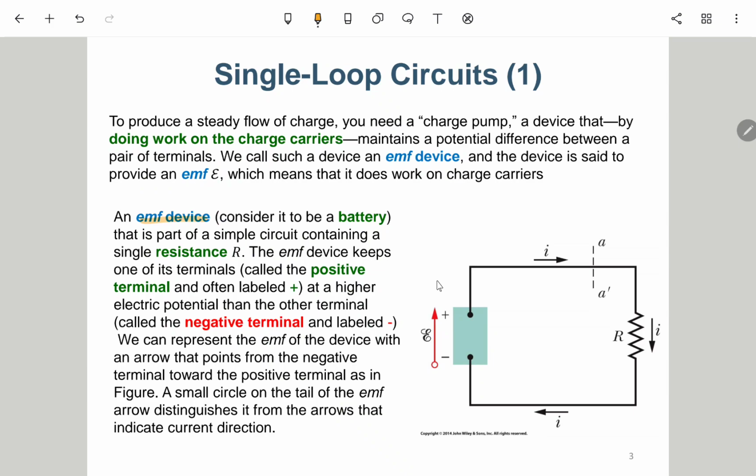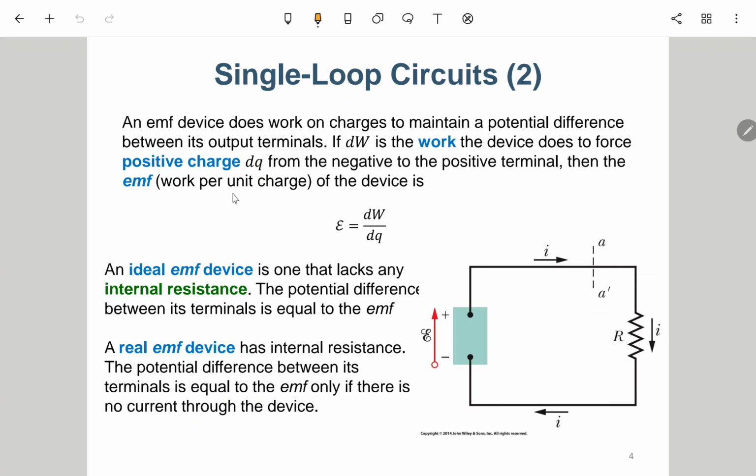This is nothing but a battery, and it is in series with a resistor. So it is really simple.